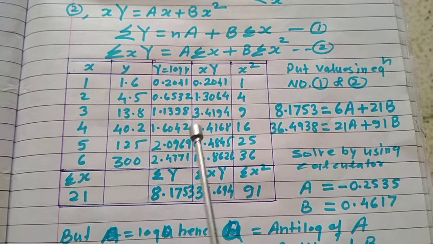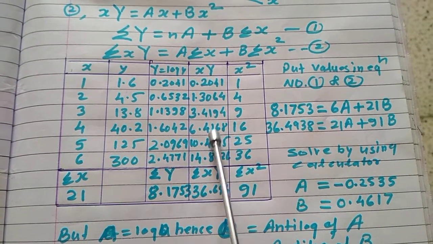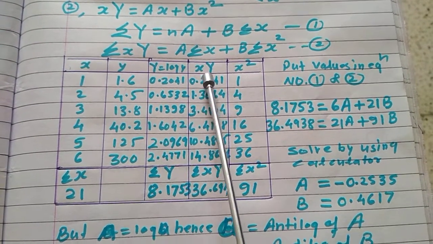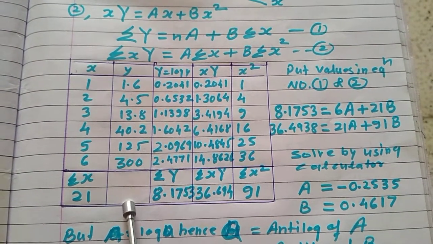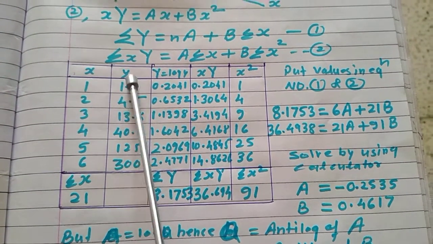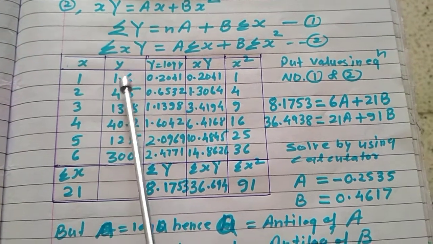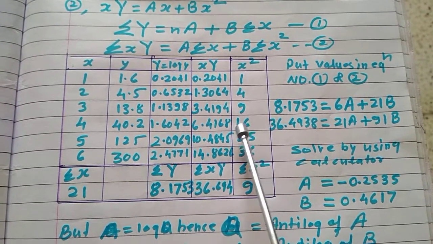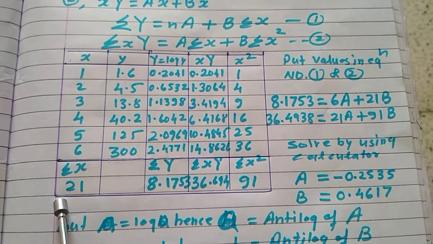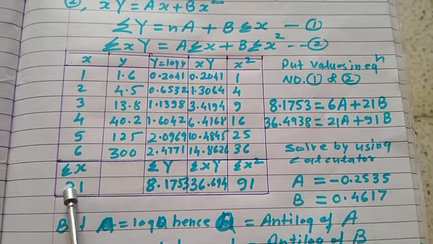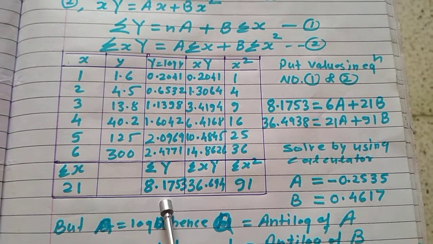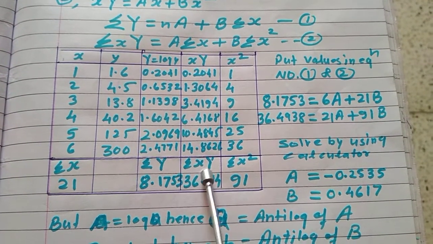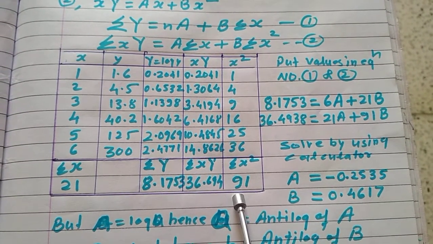Then x into capital Y, so you will get a new table xY, where x is small x and Y is capital Y. Now the small y table is useless for me. And x square. So I generally require 4 sums for a straight line: summation of small x, summation of capital Y, summation of x into Y and summation of x square.